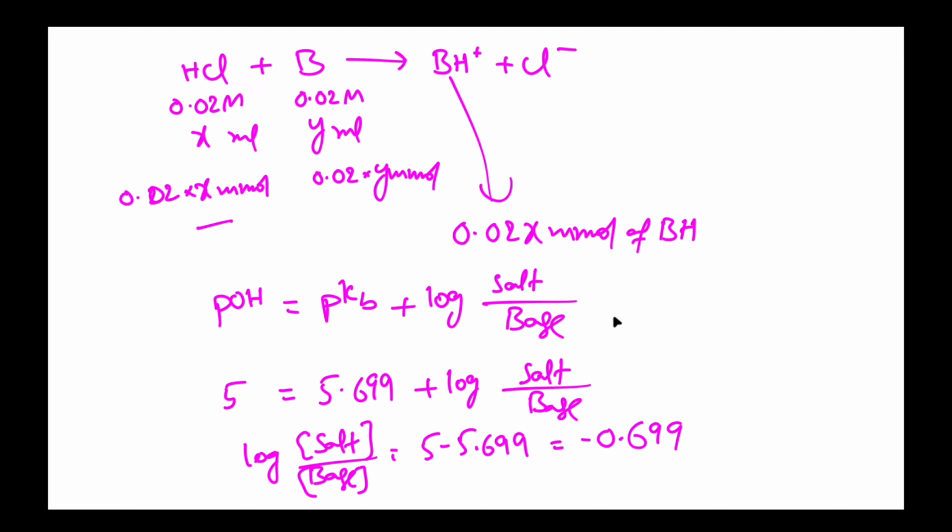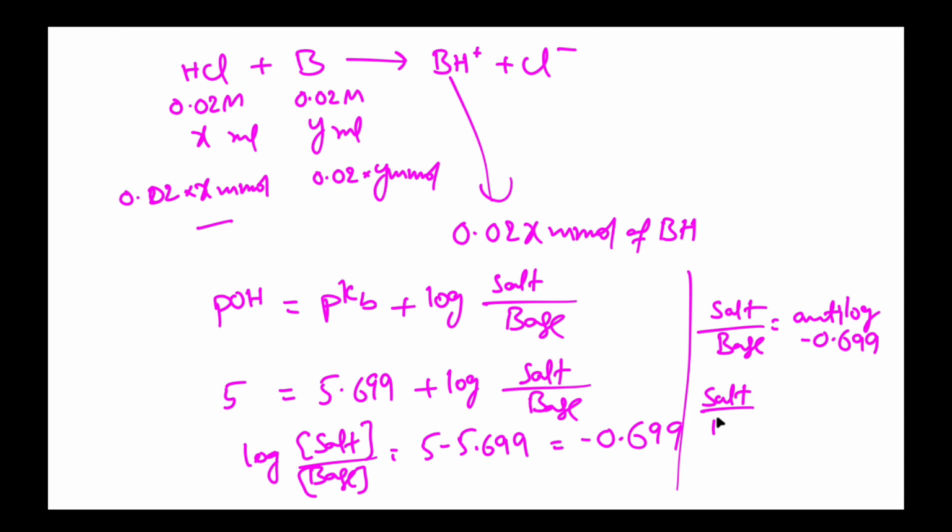If you remove the log, salt by base is equal to antilog of minus 0.699, so that is 1 by 5.